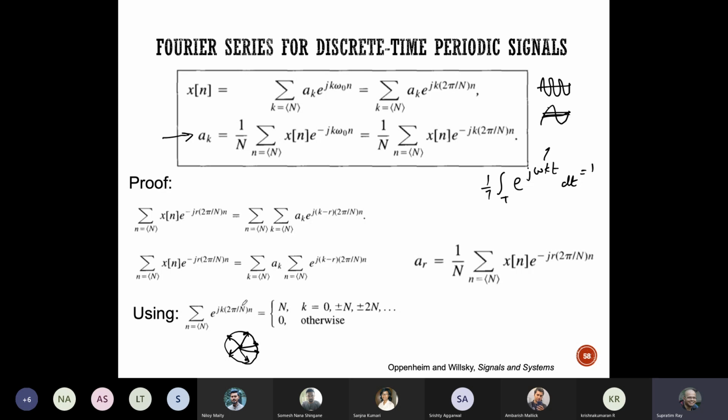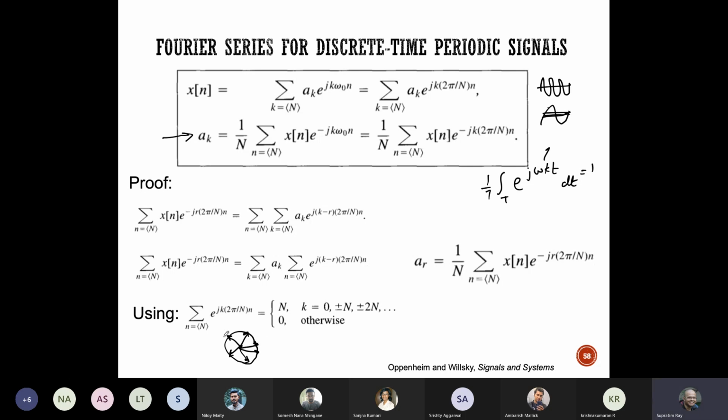Just look at this. Okay, so what I'm doing is e to the power j k 2 pi by N n, and I'm looking at the sum of these N vectors.